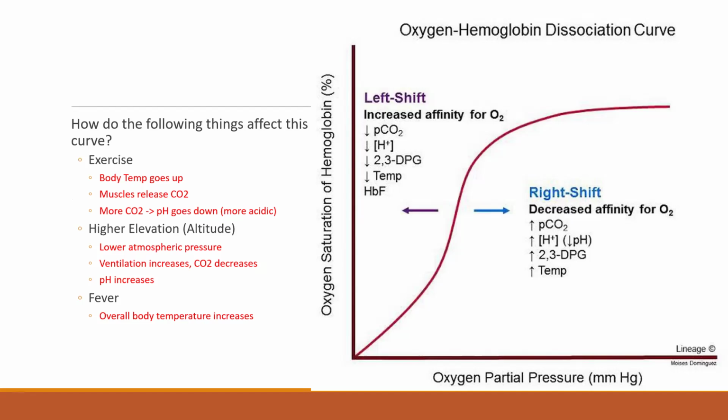So if I go to a higher elevation, there's less pressure outside, so I am more likely to breathe more out. It's kind of a really weird relationship. It's easier for me to ventilate out, or to expire, and it's easier for me to inhale. However, because I'm so high in elevation, there's less oxygen.